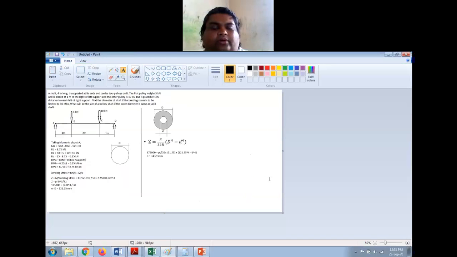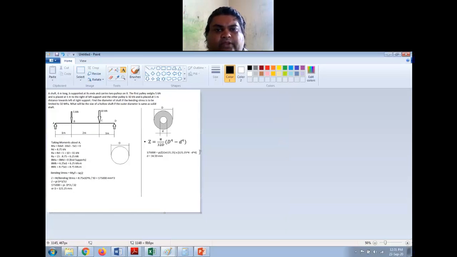So now what you need to observe here is, see, in case 1 and case 2, I have not made any change in the load, right? The span, the load, everything is the same. What is the change I have made?